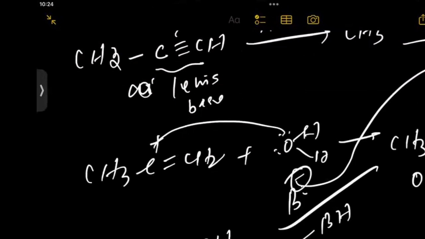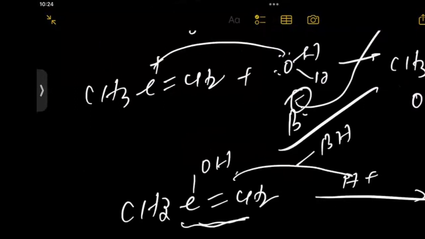Now students, what will happen here? Again, the H plus acid you have will attack here, because there is again a rich source of electrons, so this substance will attract the proton.